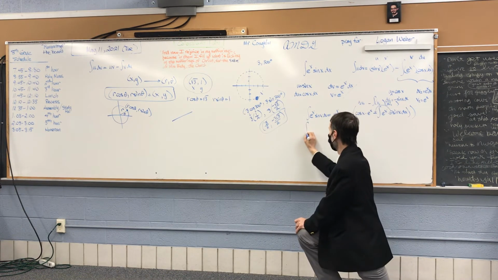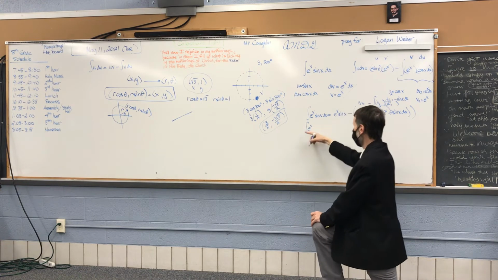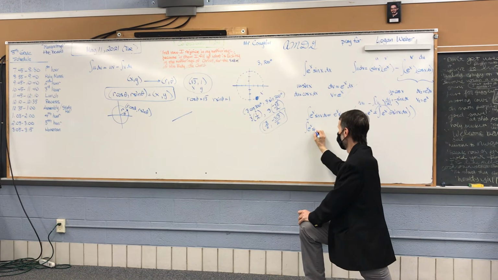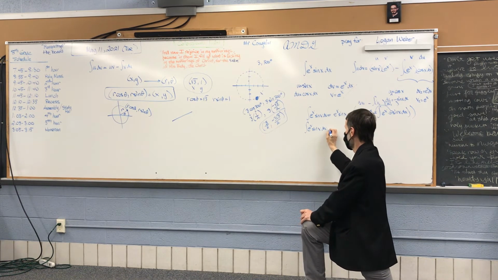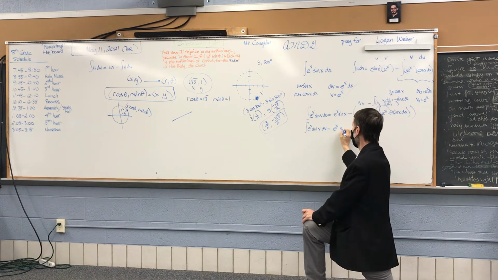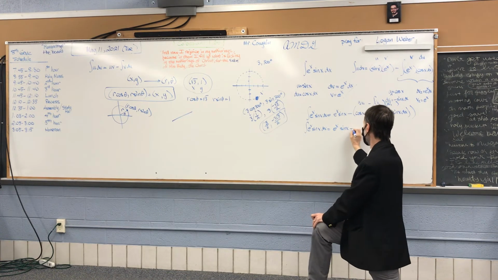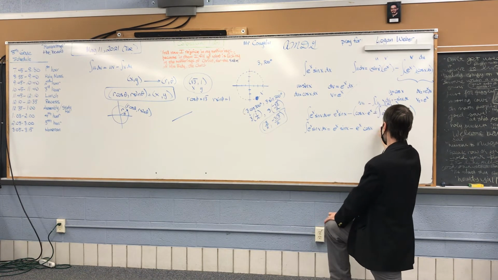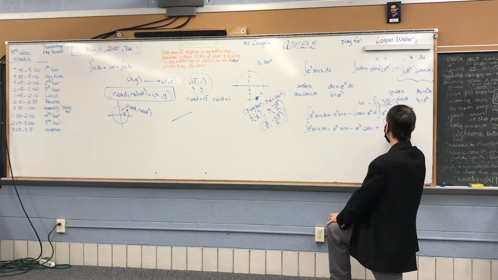So let's rewrite it from beginning to end. Again, normally we don't even bother writing the original part of the problem, but this one I suggest you do. It equals e to the x sine of x minus e to the x cosine of x plus the integral of e to the x sine of x dx.